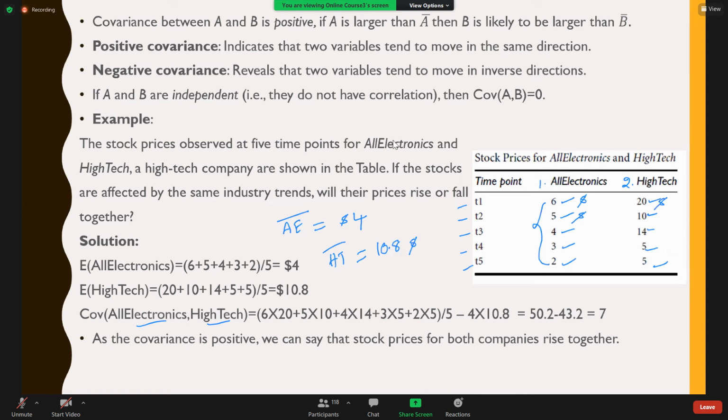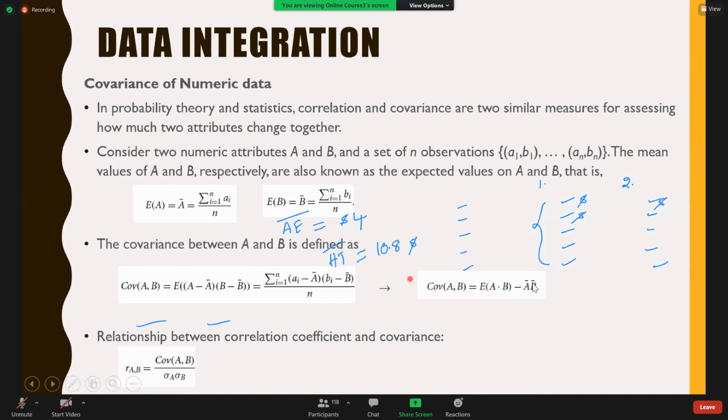You can go through it. We have two formulas. Actually, this can be written in a simpler form: expectation of AB minus mean of A times mean of B. Either of these two can be used. Both are the same.